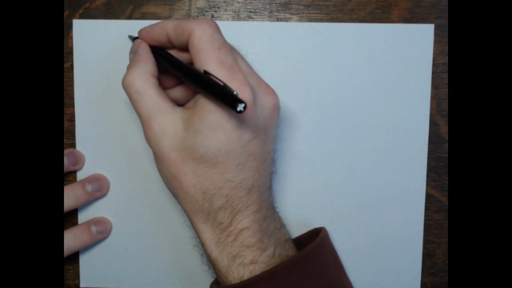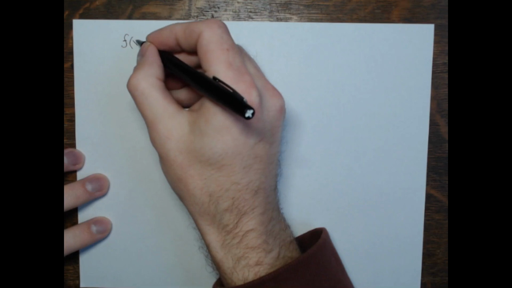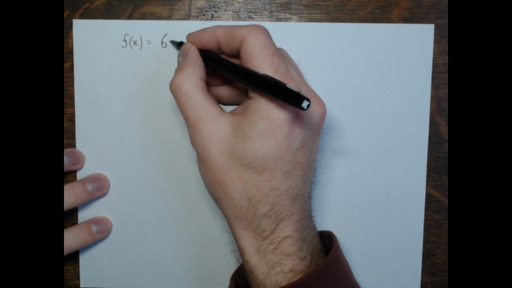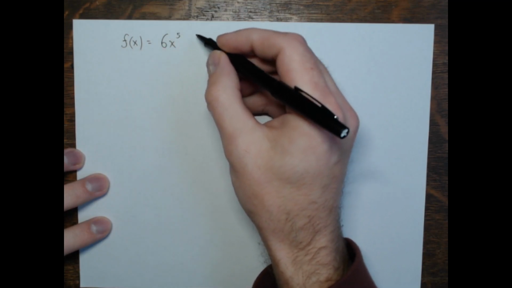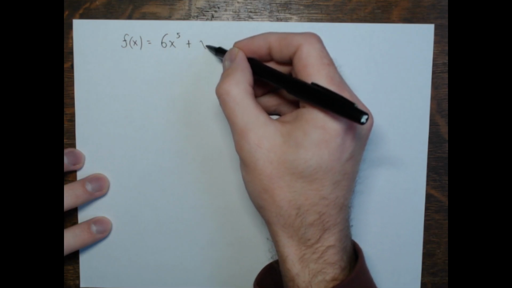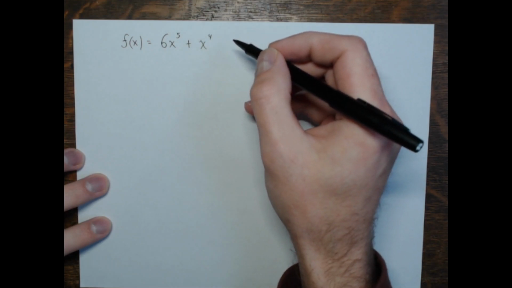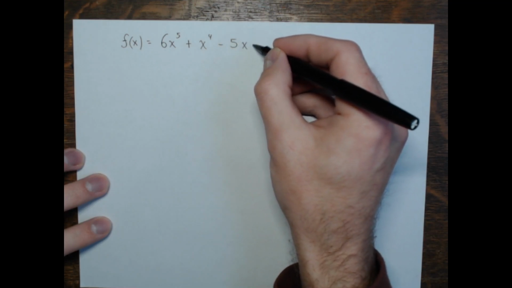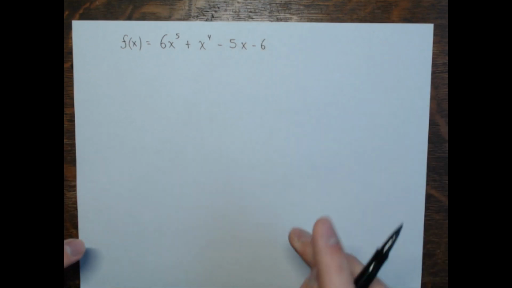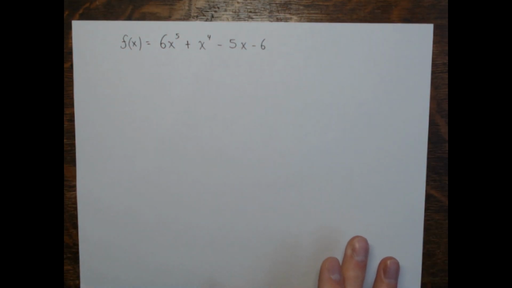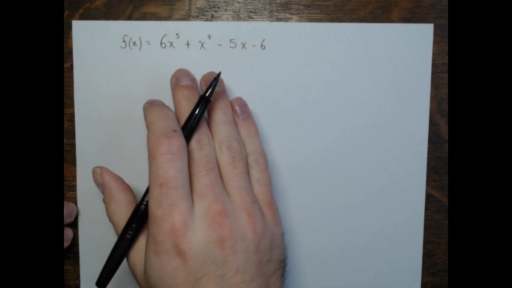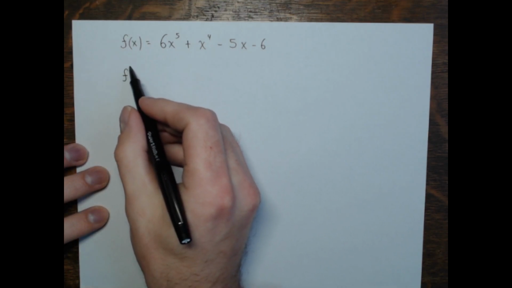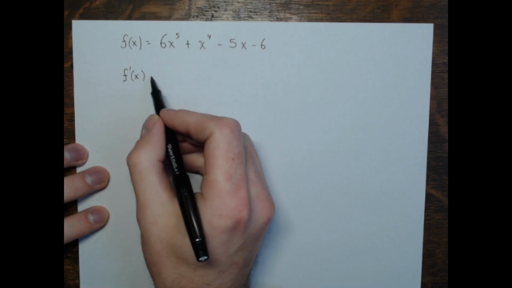So here we're given another fifth degree polynomial. 6x to the 5th plus x to the 4th minus 5x minus 6. And we're asked about concavity, right? Where is this function, the graph of this thing, concave up? To answer such questions, go to the second derivative.